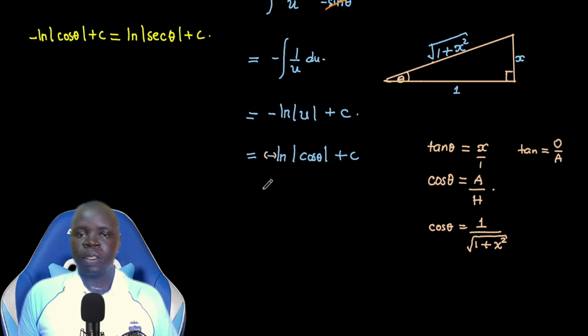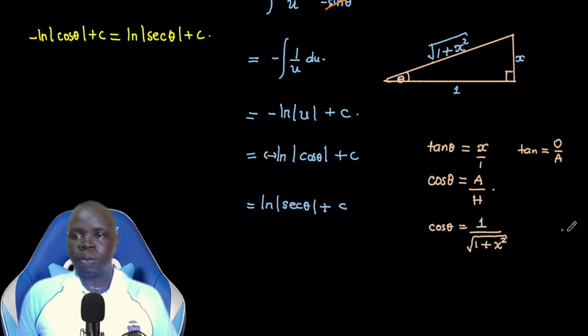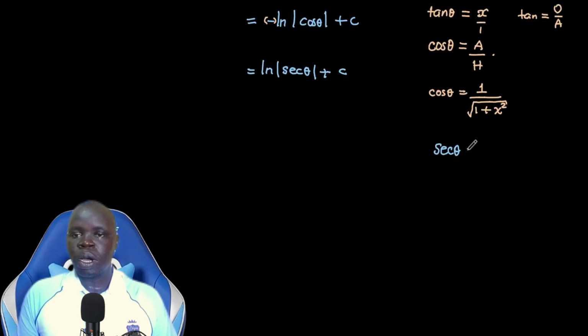Now if we have written this in terms of secant, so we have ln of secant theta plus c, meaning we have to write this in terms of secant also. So we know that secant theta is given by 1 over cos.